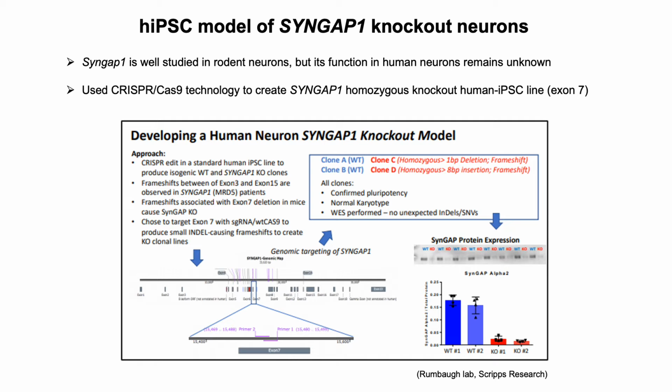So they targeted exon 7 here, and they chose exon 7 because it's one of the common exons present in most, if not all, SYNGAP transcripts.